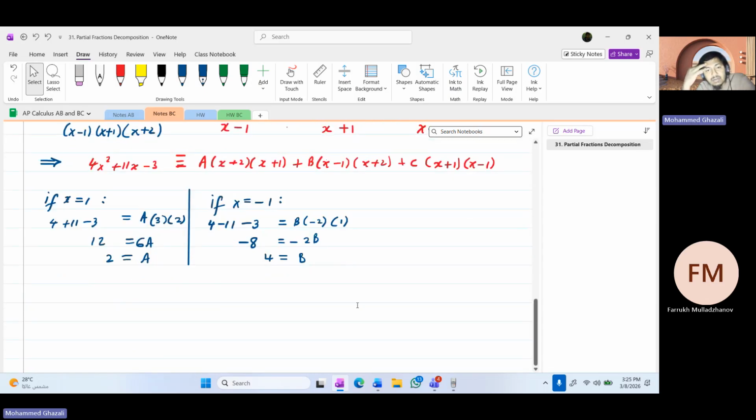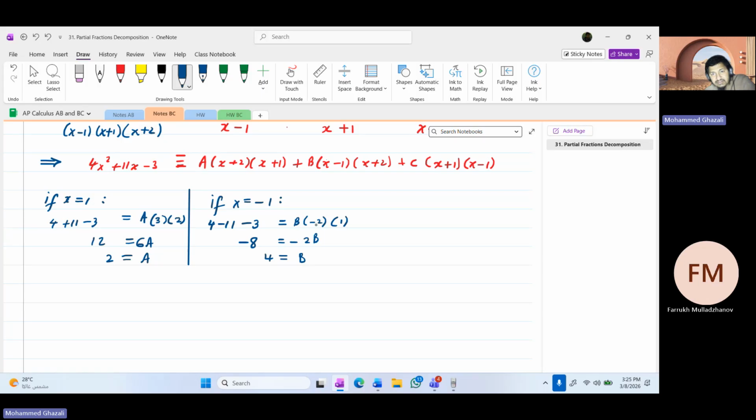Farooq, if you're substituting negative 1 inside here, we're getting 4, negative 11, negative 3. All right, so we're getting negative 10 here.